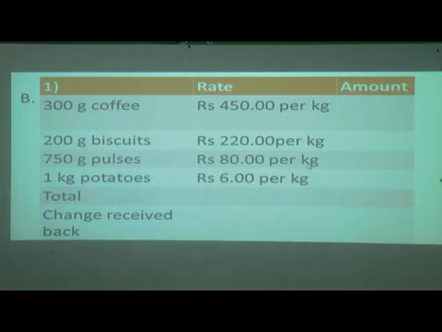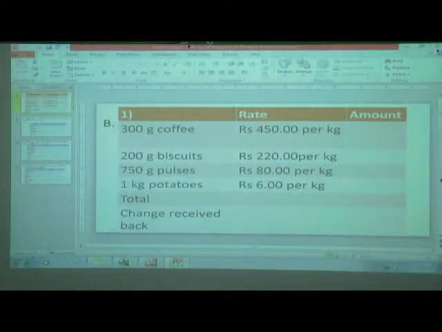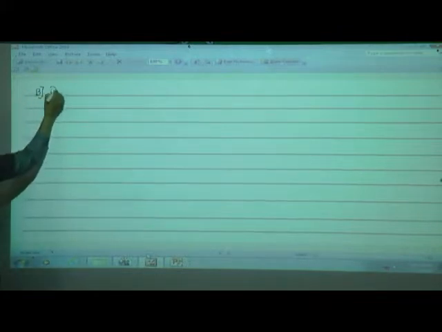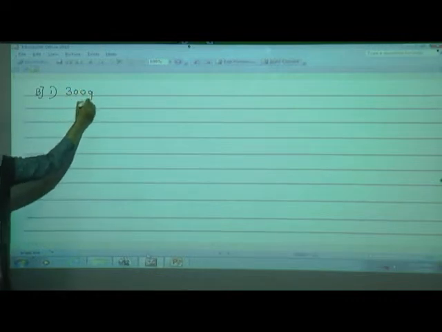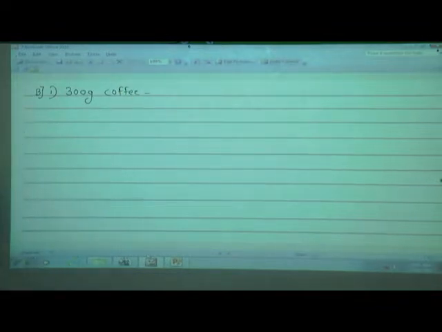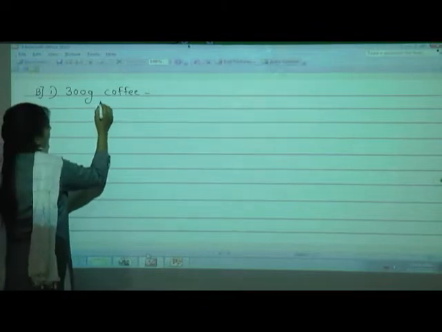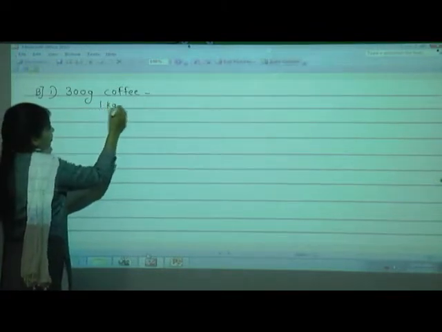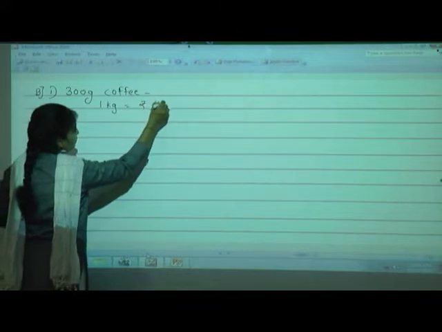Here, 300 gram coffee, isn't it? B, first one, 300 gram coffee. So just see in the textbook, students, the rate of coffee is 450 per kg. That's why 1 kg is for rupees 450.